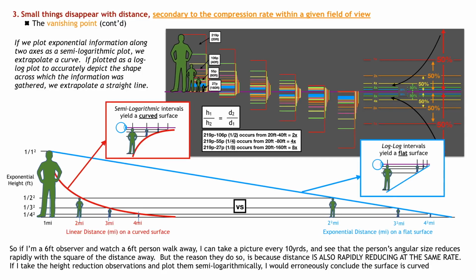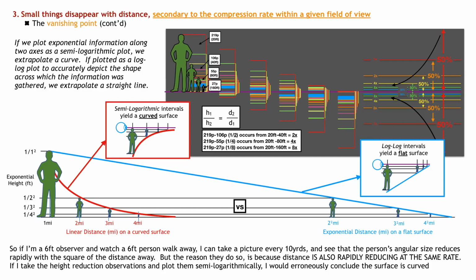If you were to take any interval, let's say 10-foot markings, any distance away, and extrapolate how much drop you were experiencing with those 10-foot objects, and then plot them, saying it's every 10 feet, so that should just be every 10 feet on the x-axis, and mark what the height change was, you would be doing a semi-log plot.